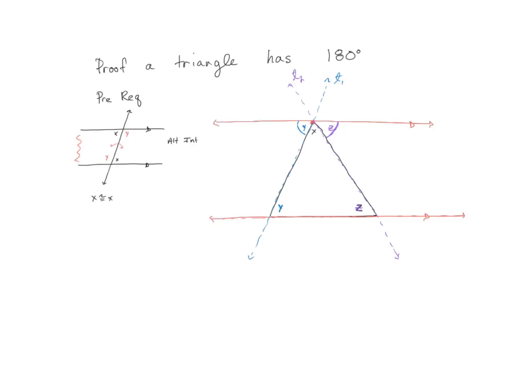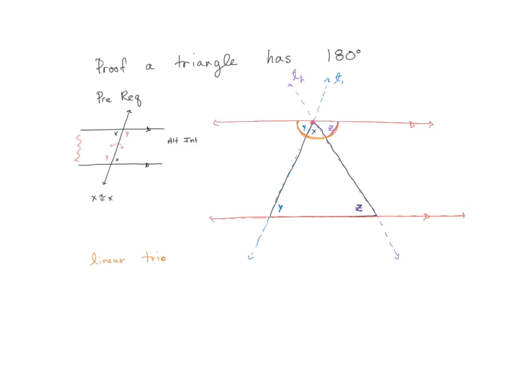Now, the key piece here is to start to look at, well, what are we building here? Well, I could start to see that this x, y, and z, these three angles here, are not forming a linear pair, but maybe we could call it a linear trio. Well, what does that mean?